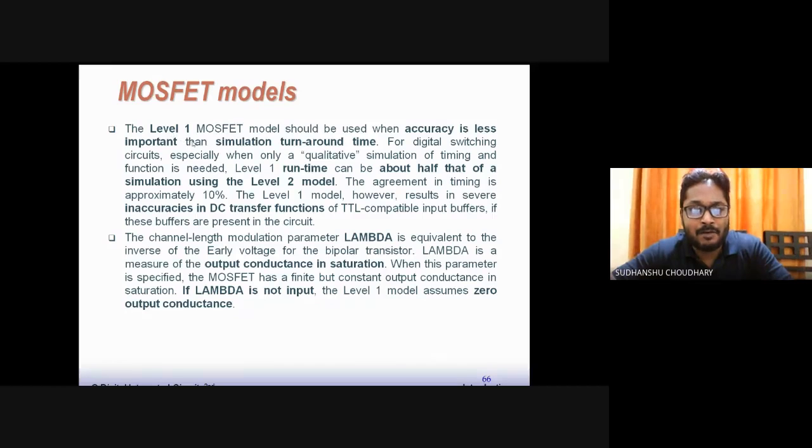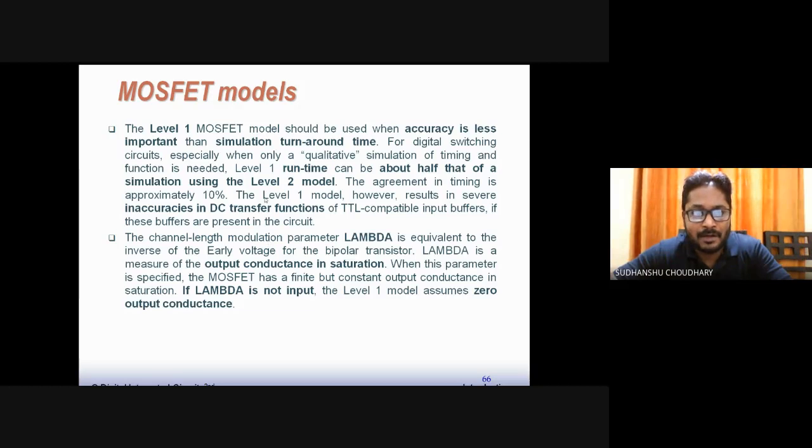For example, in level 1 the effect of channel length modulation is not considered. But in higher levels, maybe level 2, the effect of channel length modulation is considered. Either you have to provide the channel length modulation parameter lambda, or the tool calculates it by some means. What are those means? I will tell you.